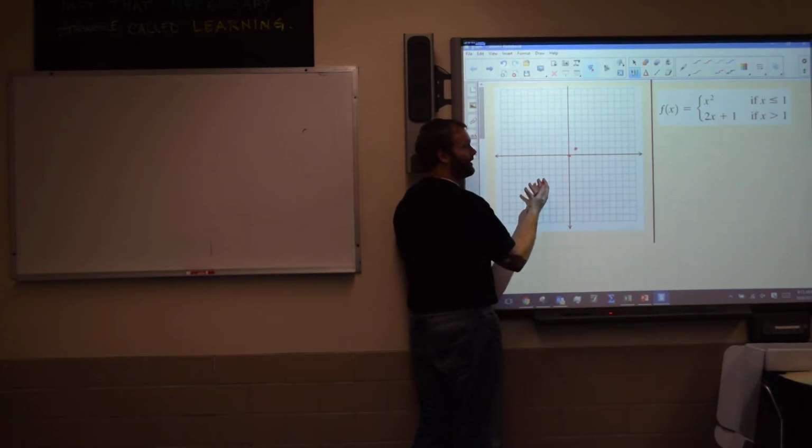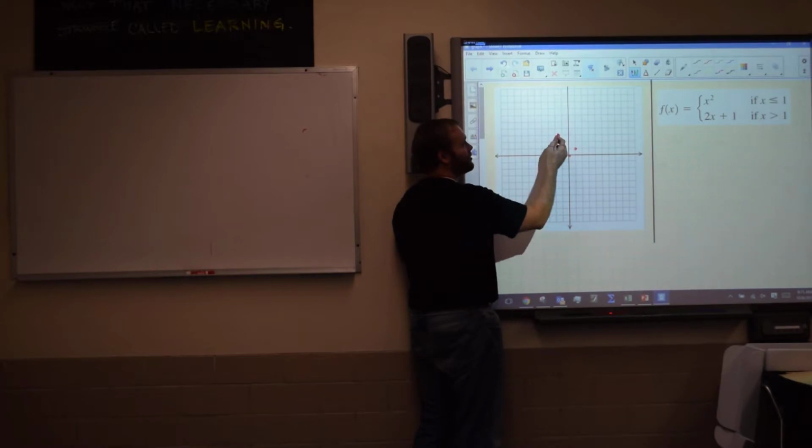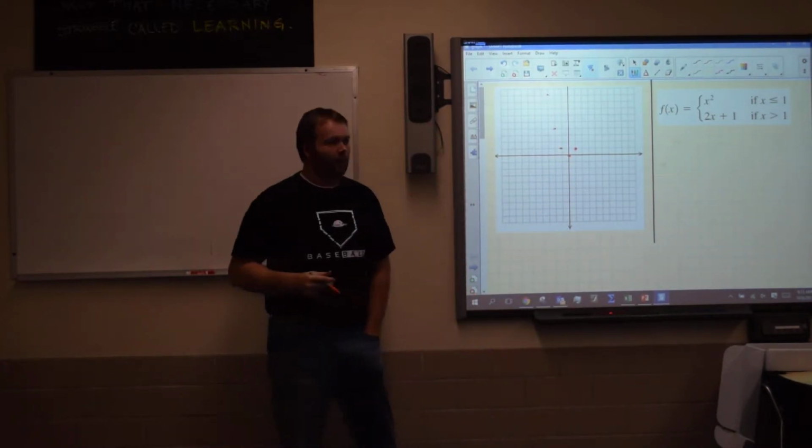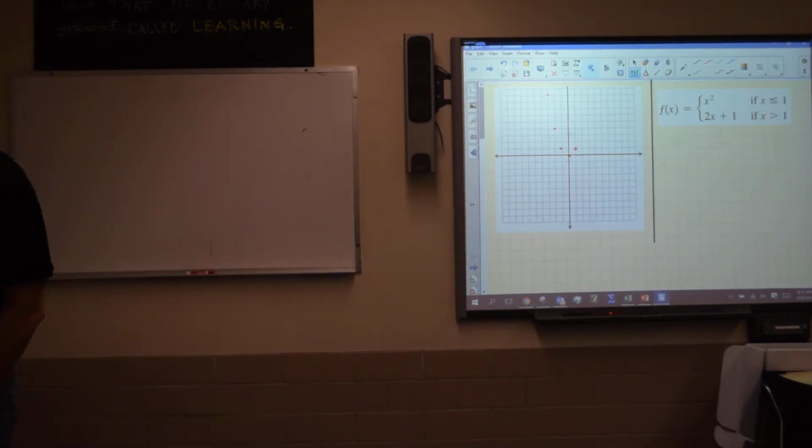Plug -1 in and square it, I get 1. -2 squared is 4. -3 squared is 9. What I'm using there is just the knowledge of the maybe 5 or 6 ordered pairs that we memorized yesterday that always go with x squared, right? That parent function. So we graph those.